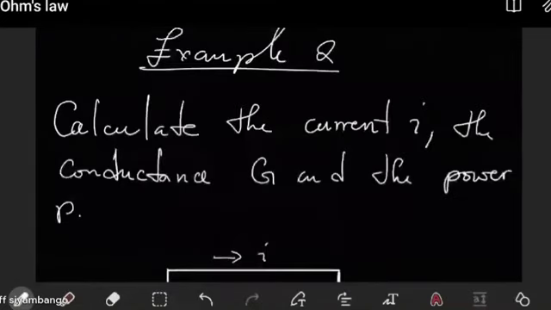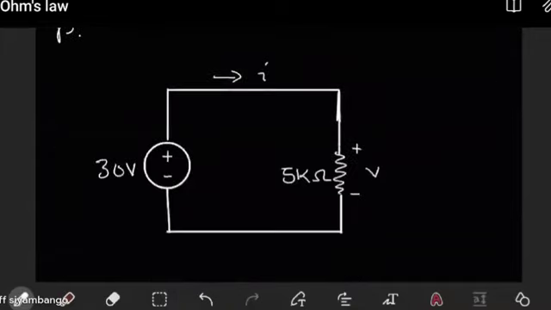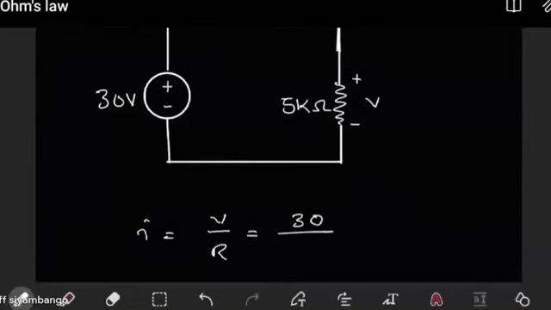Okay, so in this example, we want to calculate the current I, the conductance G, and the power P. And then we have this basic circuit. Let's see what we have to do here. The first thing is the current I. Because here you only have one resistor, you don't have to stress about finding the total resistance. So by Ohm's law, current can be seen as voltage divided by the total resistance R. The voltage is 30. Total resistance is in kilo ohms, so you have to write it in ohms.